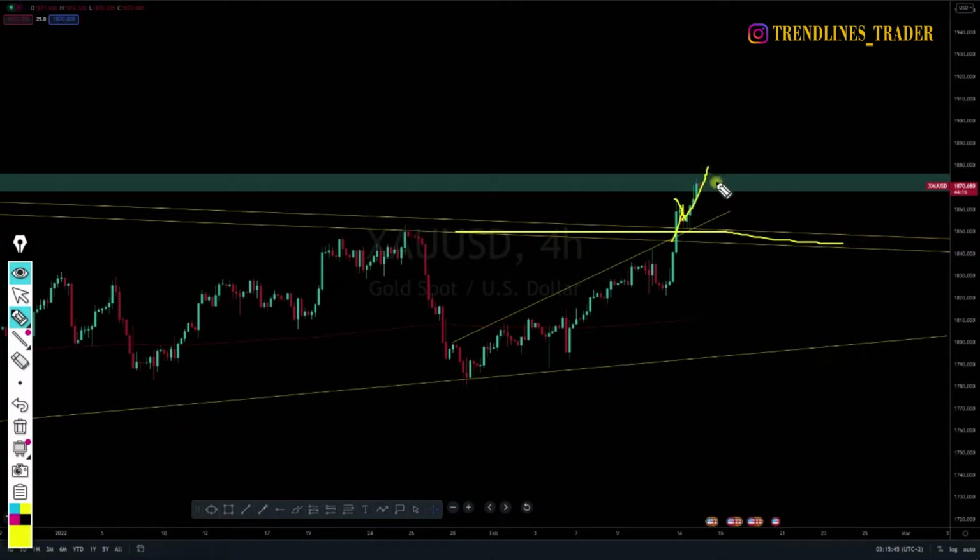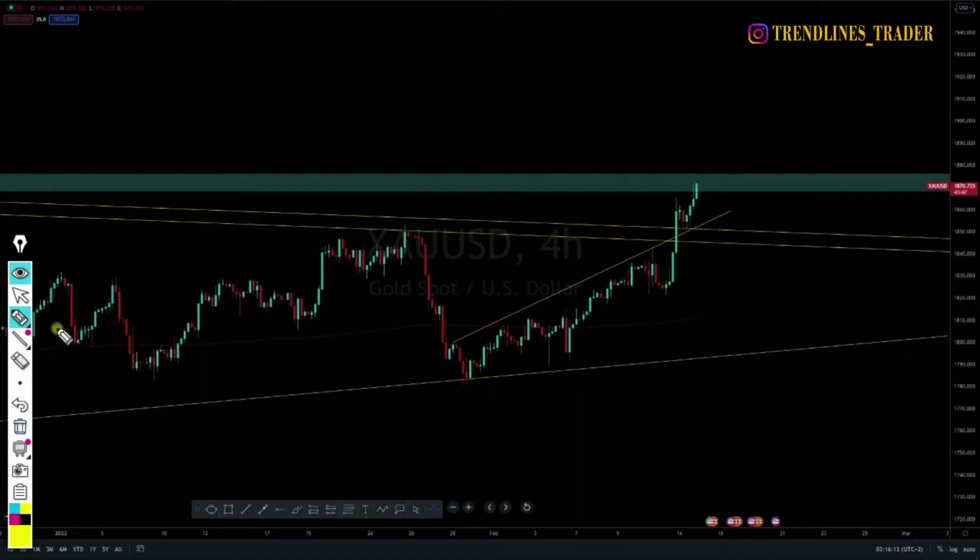Now we are at the horizontal resistance. Let's believe that the price will break out of it and come back to retest to give us a support sign and push high. Or if it doesn't, the price will respect this horizontal area and push right downwards.